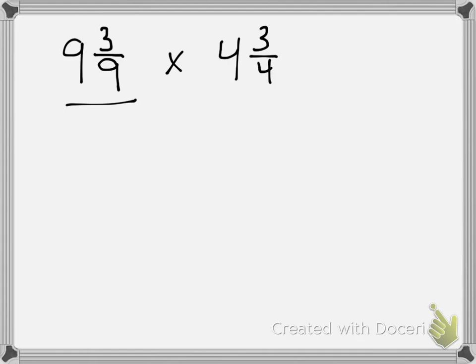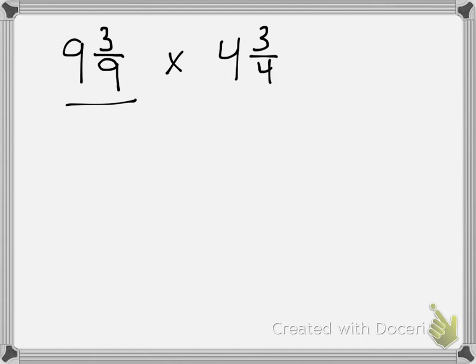Now let's do another one of those. Okay, 9 3/9 times 4 3/4. And if we had to do an estimate for this, I'd take a look here at my 3/9.